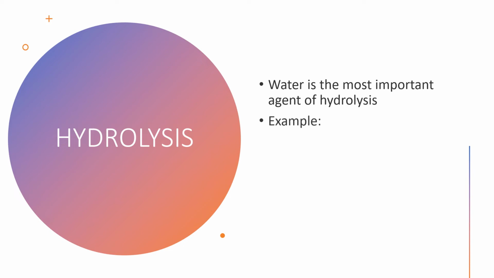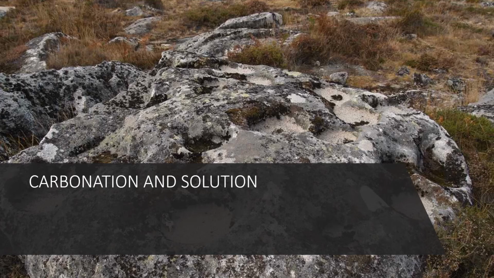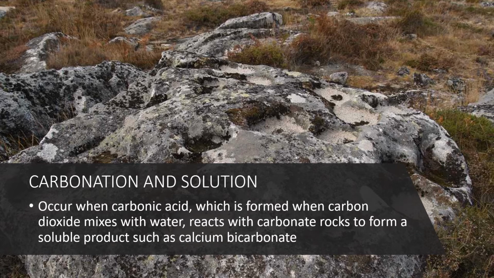For example, the reaction of olivine, which is a silicate, with water results in the hydrolysis of the original material, and it gives off magnesium hydroxide and silicic acid in solution. Carbonation in solution occurs when carbonic acid, which is formed when carbon dioxide mixes with water, reacts with carbonate rocks to form a soluble product such as calcium bicarbonate.